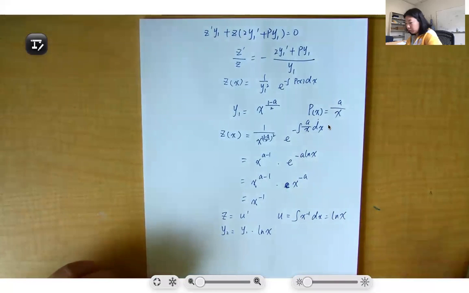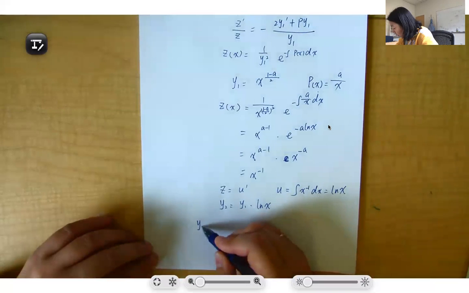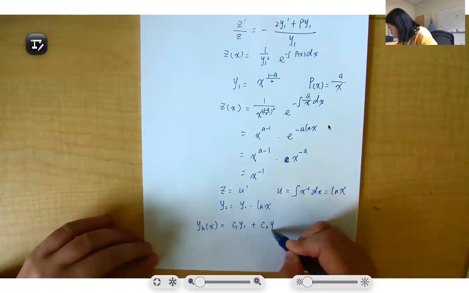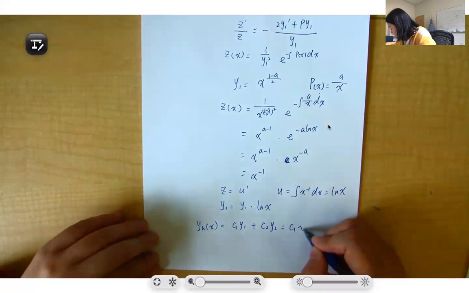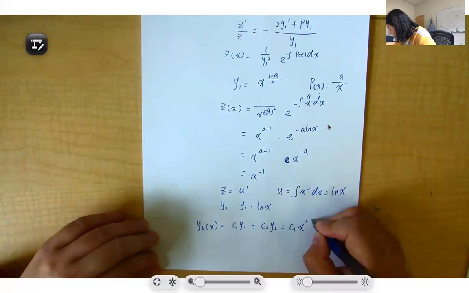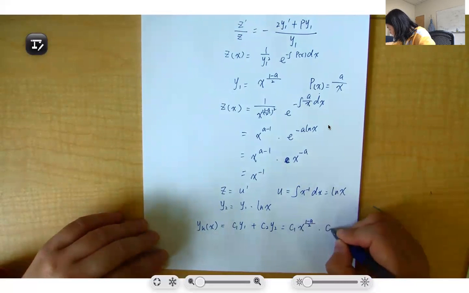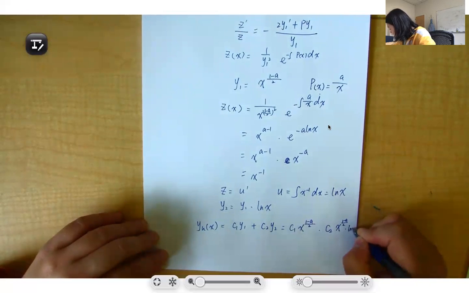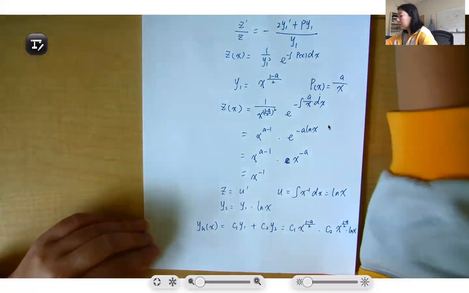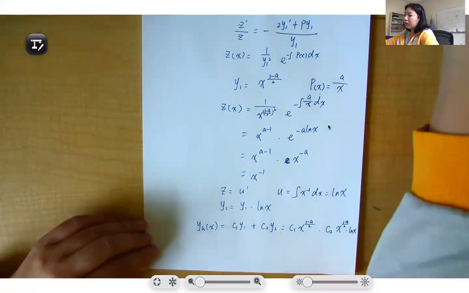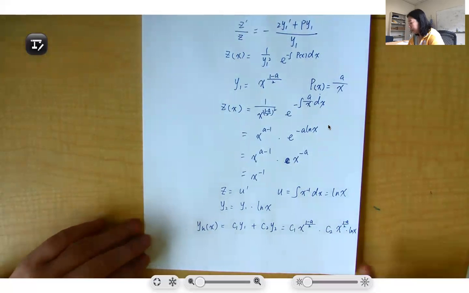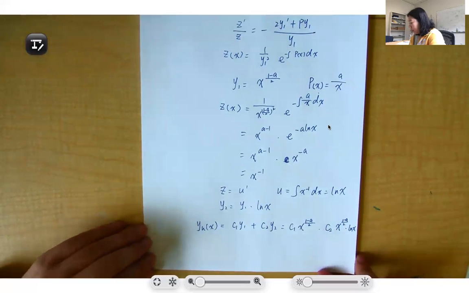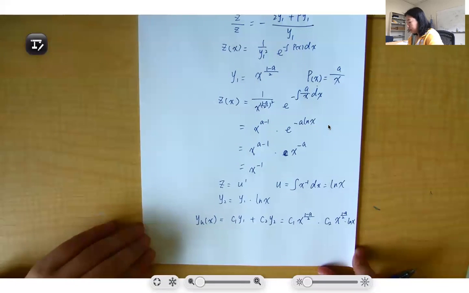And in the end, your solution will look like y homogeneous equals c1 y1 plus c2 y2, where y1 is x to the (1 − a)/2 and y2 will be x to the (1 − a)/2 times ln x. Okay, so for the Euler Cauchy equations, when you have a repeated root, the second solution will be multiplied by ln x.